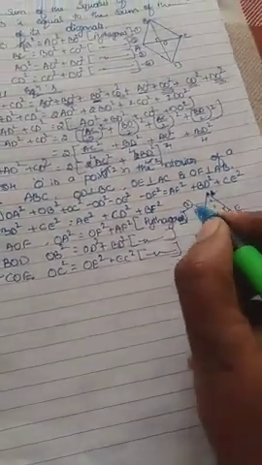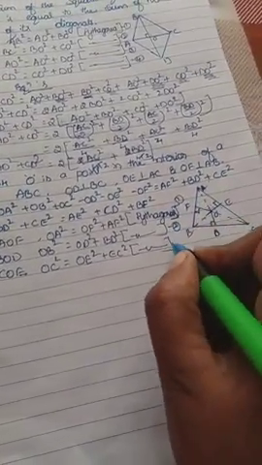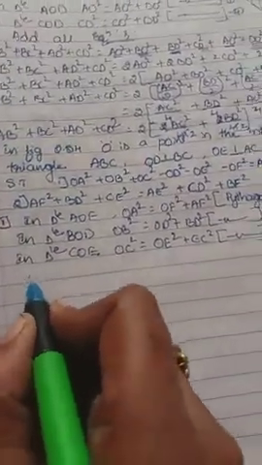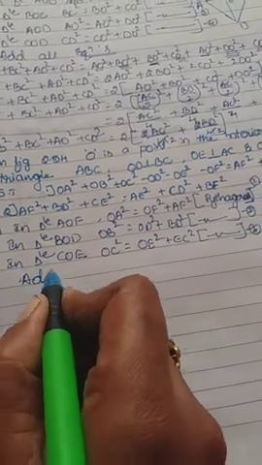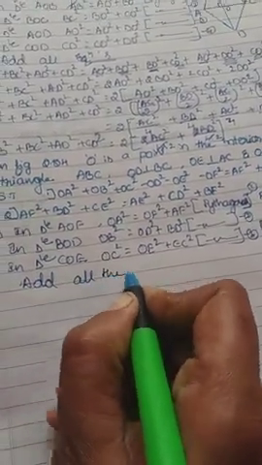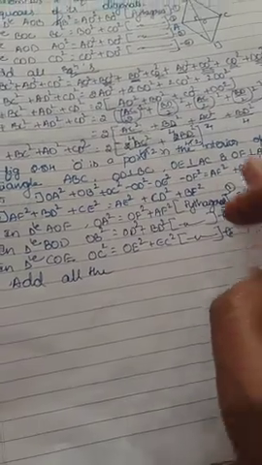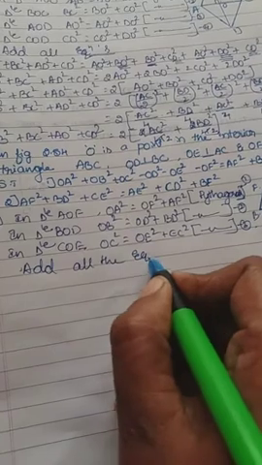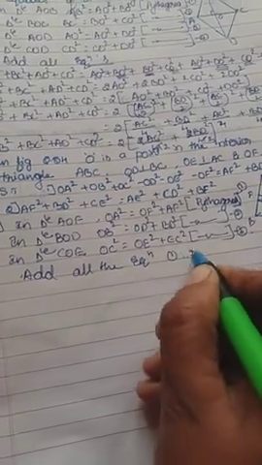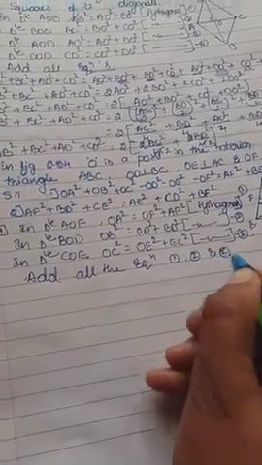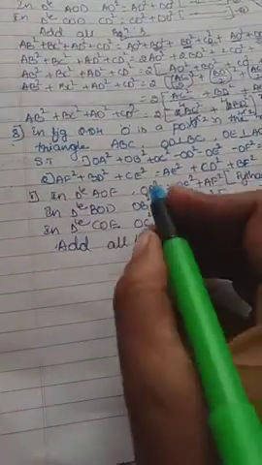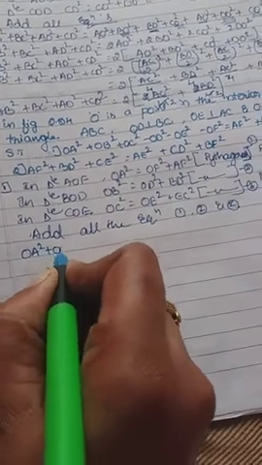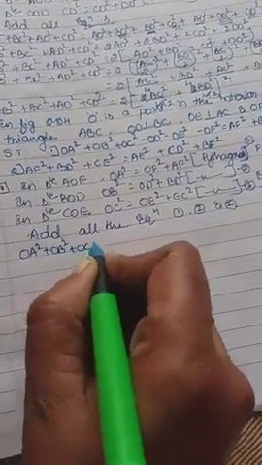Let us take this as equation 1, this as equation 2 and this as equation 3. The same as what we did before, add all the equations. Earlier there were 4 triangles, but here we have taken 3 triangles only. Add equations 1, 2 and 3. Let us add the LHS first: OA square plus OB square plus OC square.